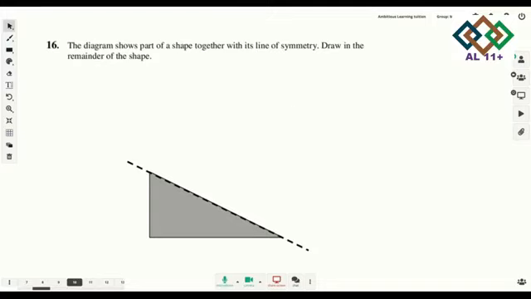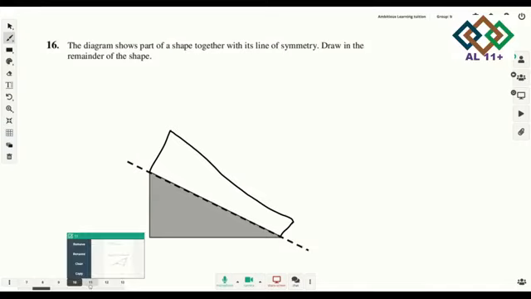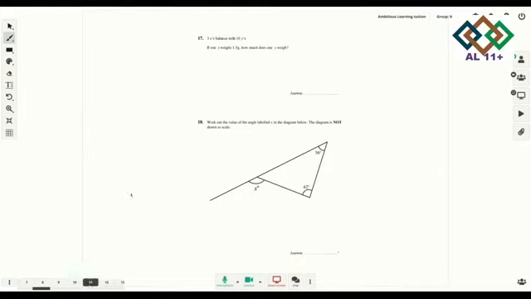Draw the remainder of the shape. So basically you need to draw the same one here. Just have a look how I do it. I'm really bad at drawing. Just draw the same one here, like this. That would be the remaining part of the symmetry. So let's move on to number 17 now.